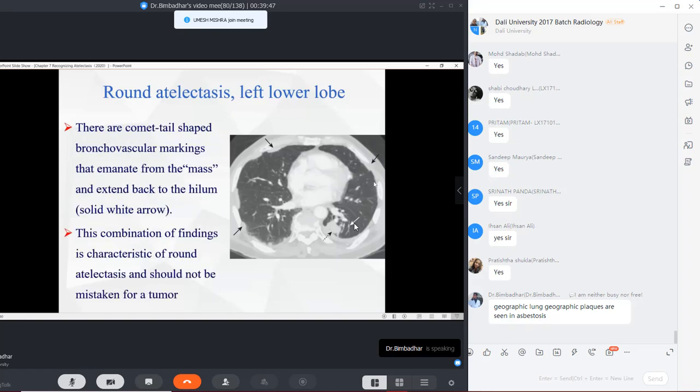There is a comet tail shape in the bronchovascular markings that emanate from the mass and extend back to the hilum. You see here, this one is directly related to the hilum, and you can also see the bronchovascular markings. If this were a mass, I could not see the bronchovascular markings in that lobe itself.